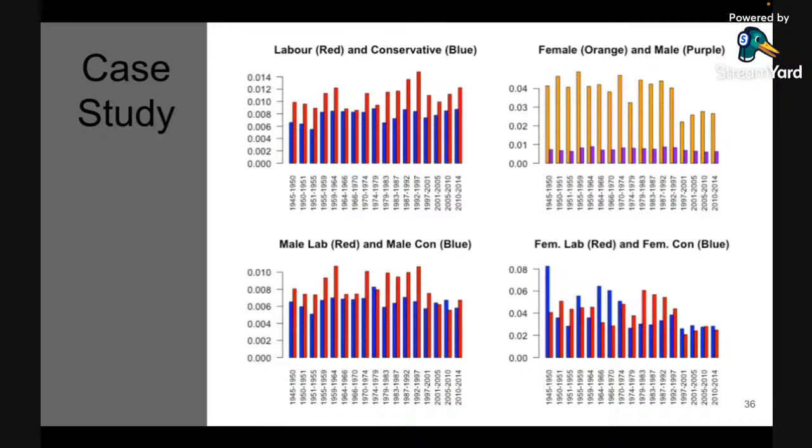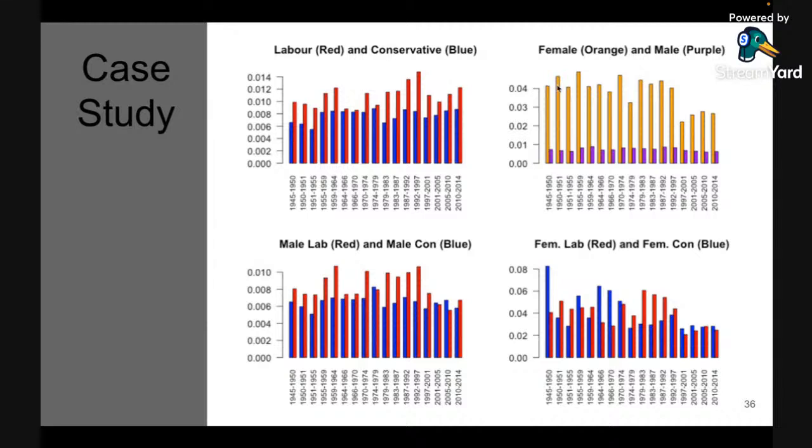Then we also had a breakdown behind these results. Here we can compare the extent to which female or male MPs talk about women, and the orange bar shows the relative frequency of a speech being about women.